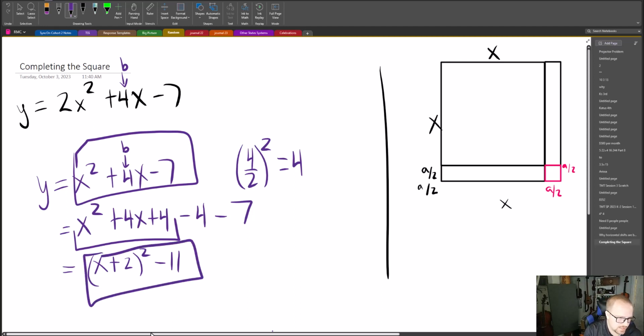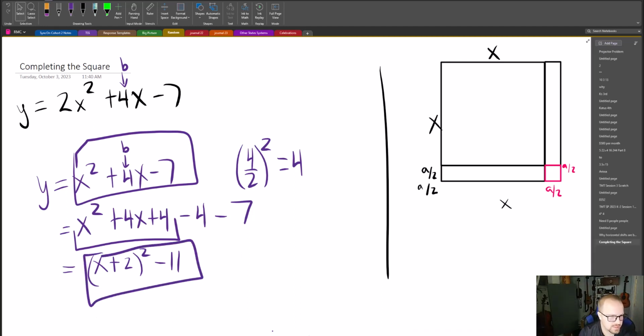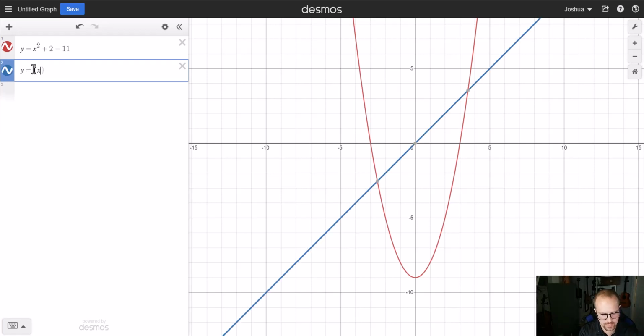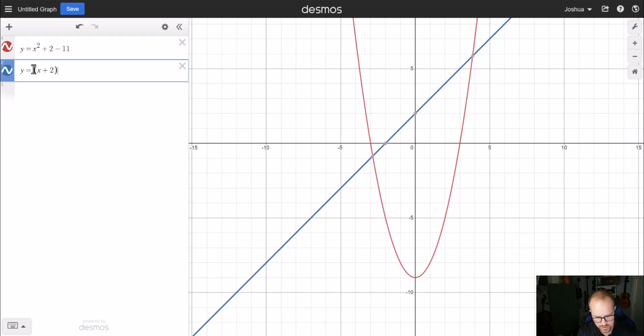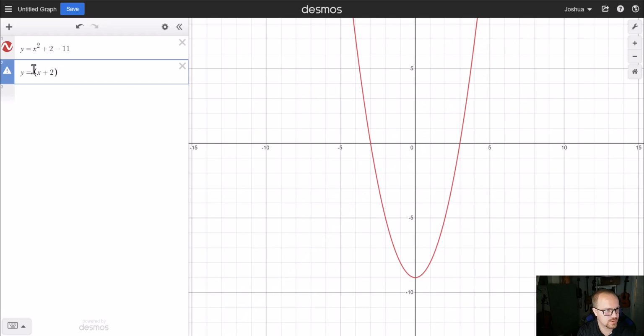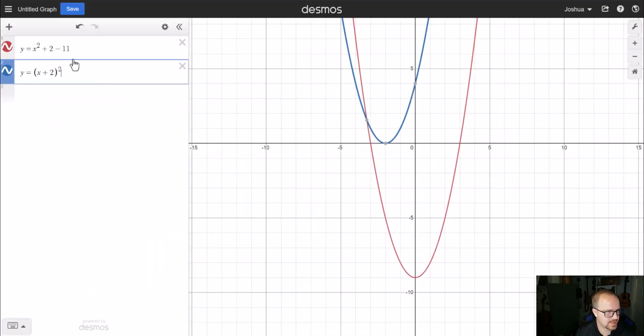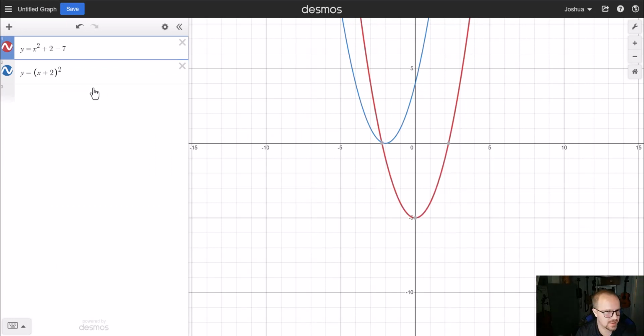Cool. Let's prove to ourselves that these are the same. This and this. So x squared plus 4x minus 7. Boom, graphed. And then let's also do the factored form. (x plus 2) squared minus 11.